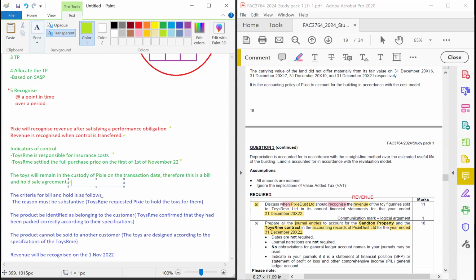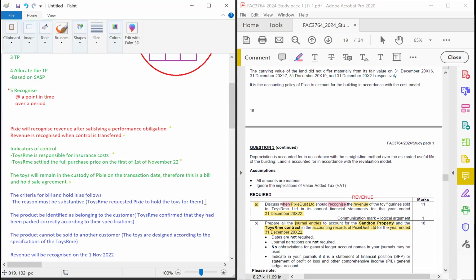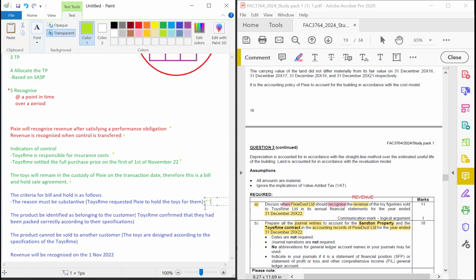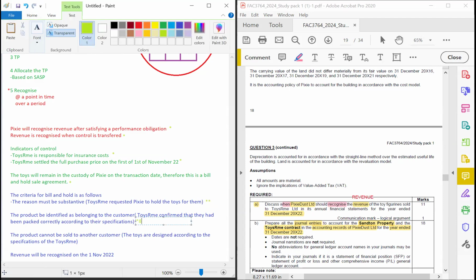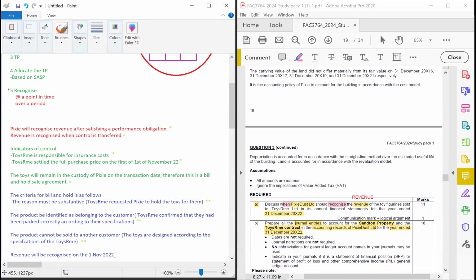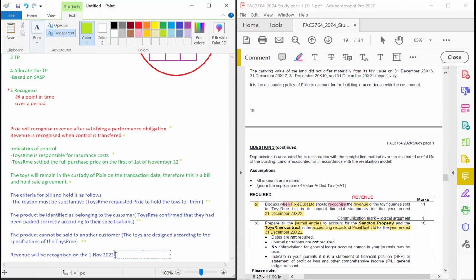Now, here we have stated during application, so it is going to be 6 and 7, 8 and 9, 10 and 11. And then for stating the date, 10, 11, 12. And then we would also get our communication mark, which is an extra mark.